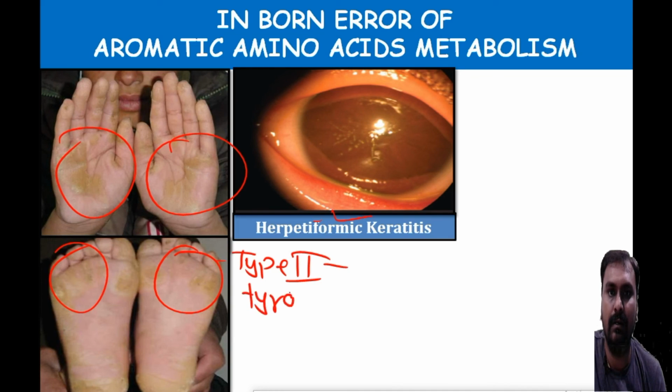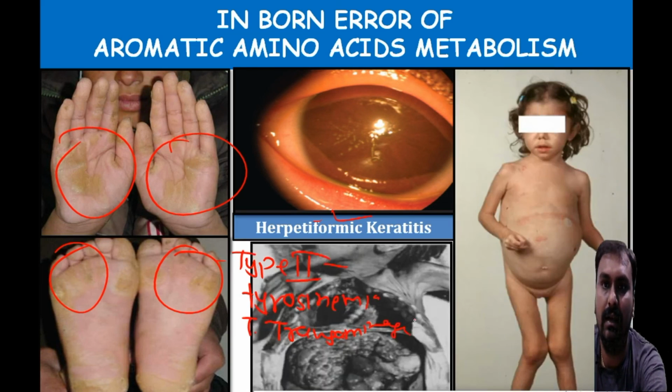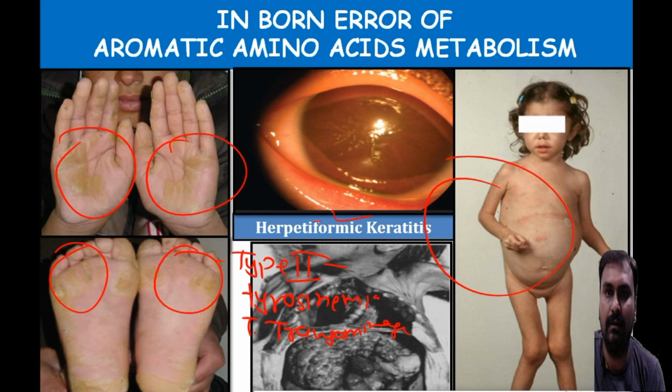Okay. Which enzyme is deficient? Tyrosine transaminase. Which enzyme is deficient in neonatal tyrosinemia? PHPP hydroxylase. Which enzyme is deficient in type 1 tyrosinemia? Fumarylacetoacetate hydrolase. What is this? Hepatorenal failure, that is type 1.